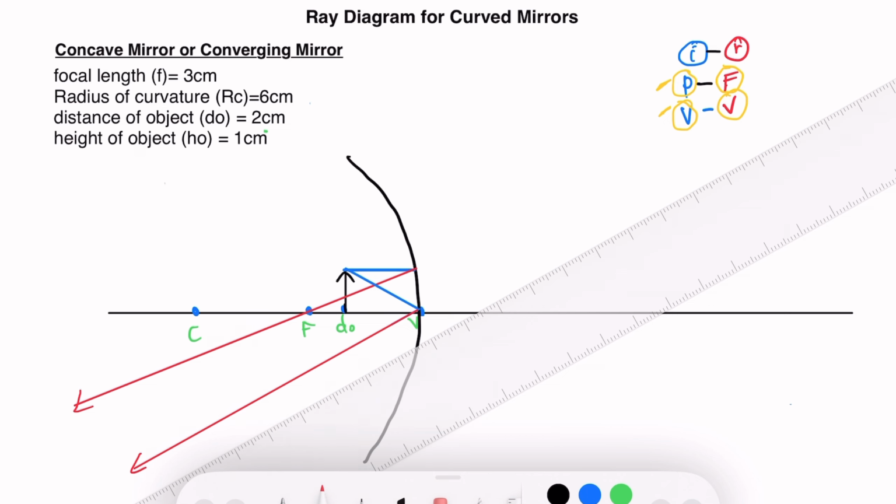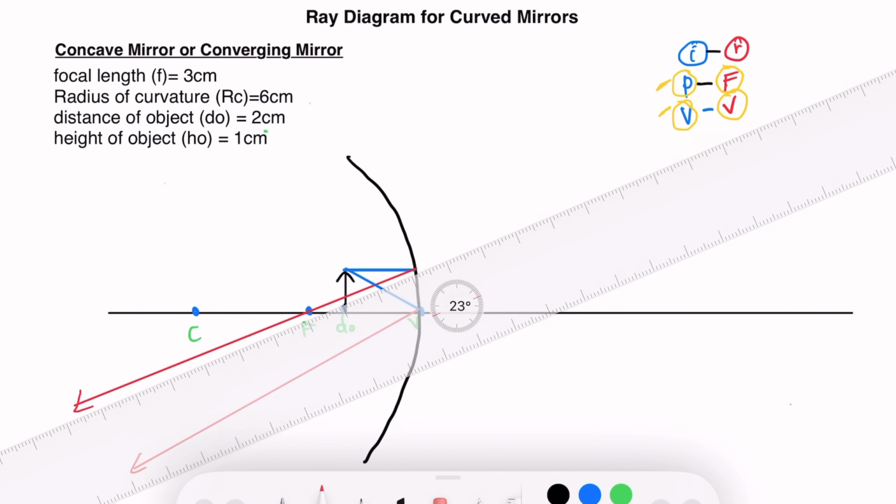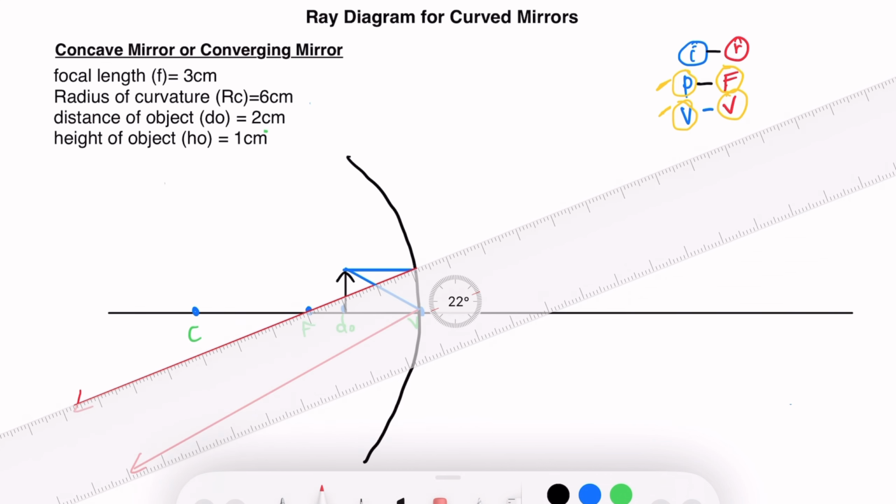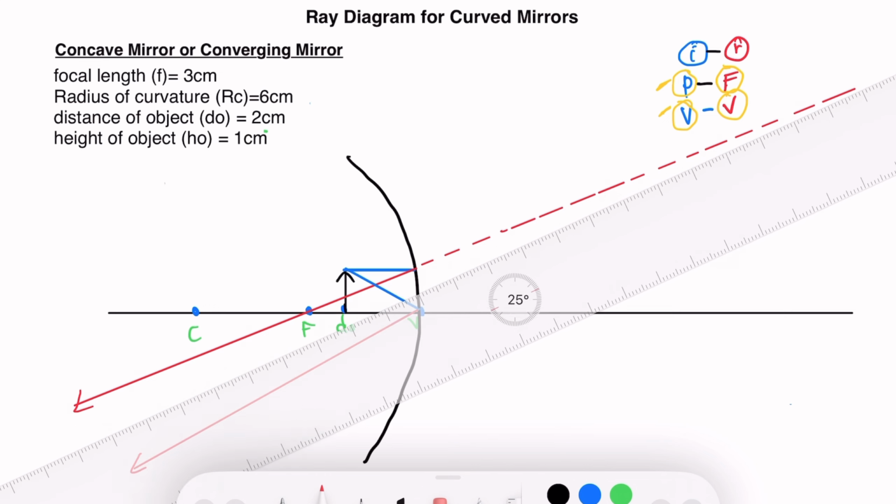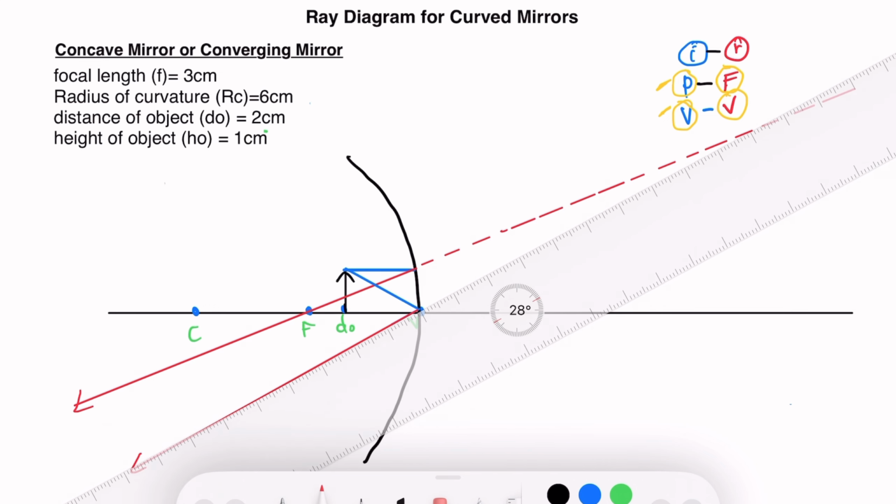So I'm going to use broken red lines to represent the extension of our reflected rays. I'm going to align it with our reflected rays, and then the same for the second reflected ray here.